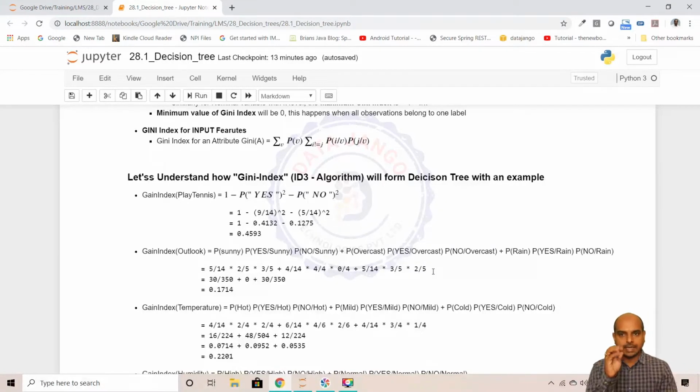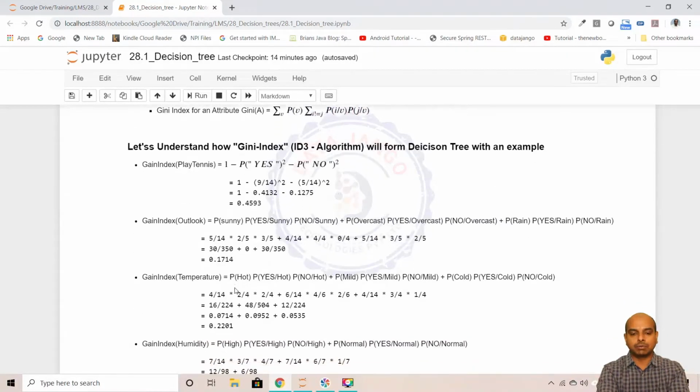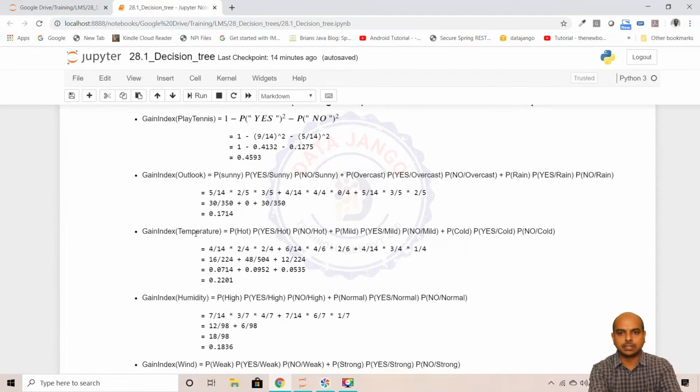Out of 5 rainy days, 3 days they played, 2 days they did not play. So probability of yes given rain is 3 by 5, and probability of no given rain is 2 by 5. That's how you calculate probability. So you multiply these and sum up, you get 0.1714.